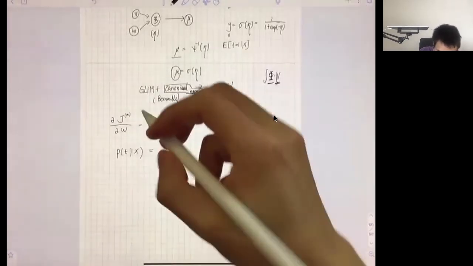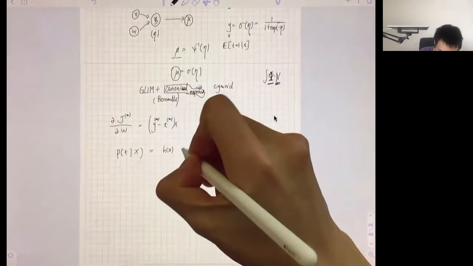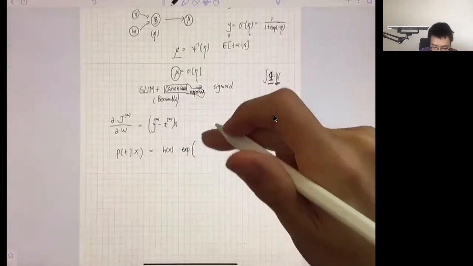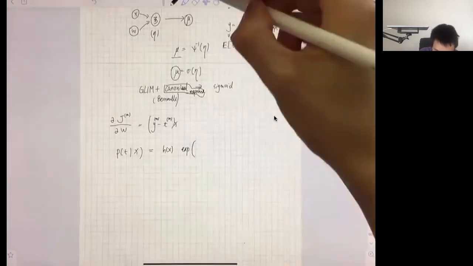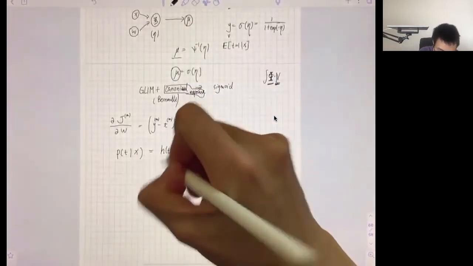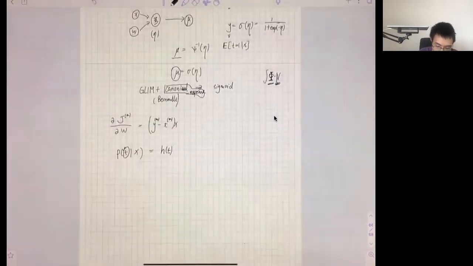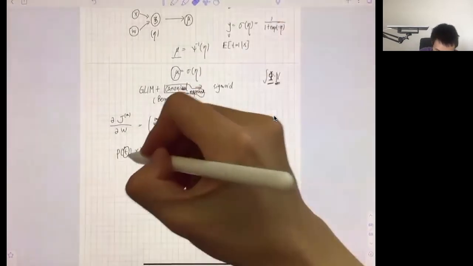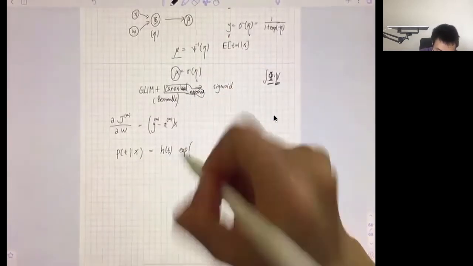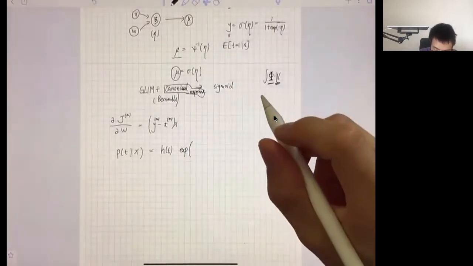So I would say it's h of t, because my random variable now is t, okay? Then exponential of my eta times sufficient statistics.